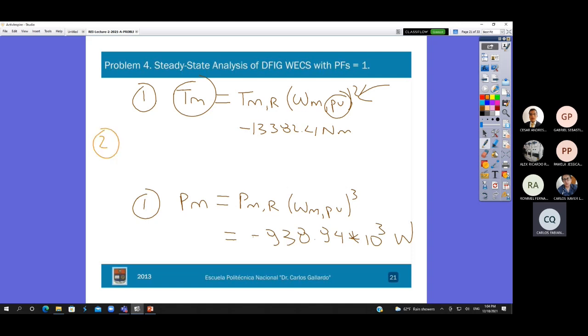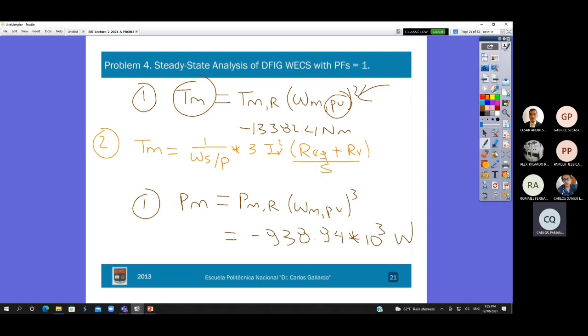Okay, for my second methodology, we have the formula. In the previous class, we derived this formula, and the mechanical torque is equal to 1 over the speed over the number of pole pairs times 3 times the rotor current squared, okay, times the equivalent resistance plus the rotor resistance over the slip.